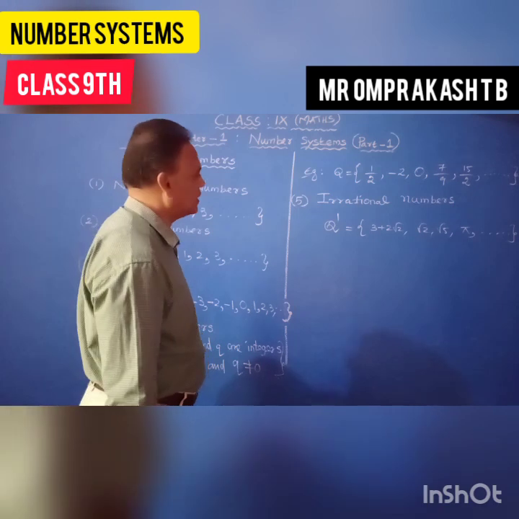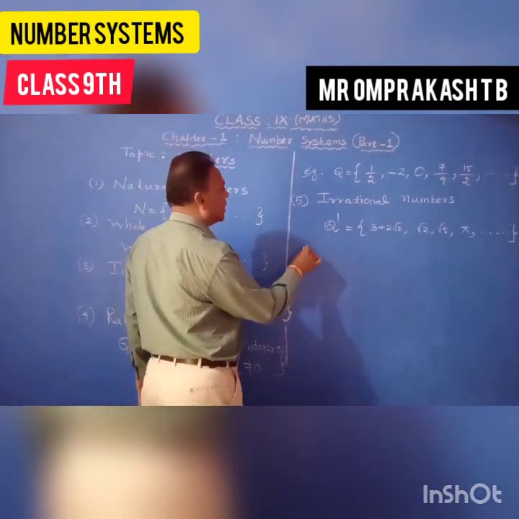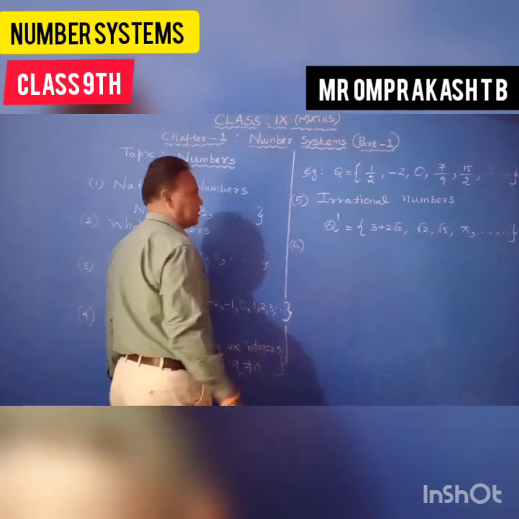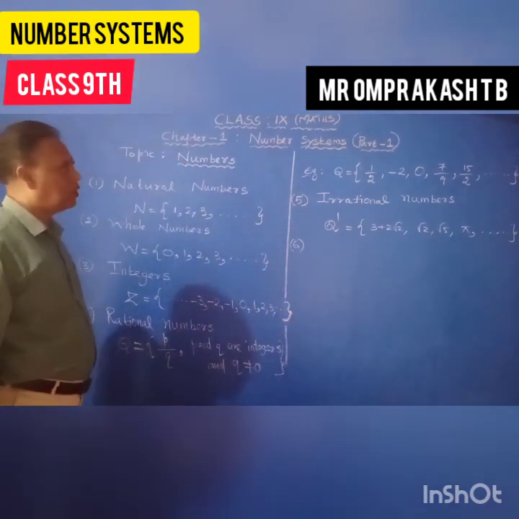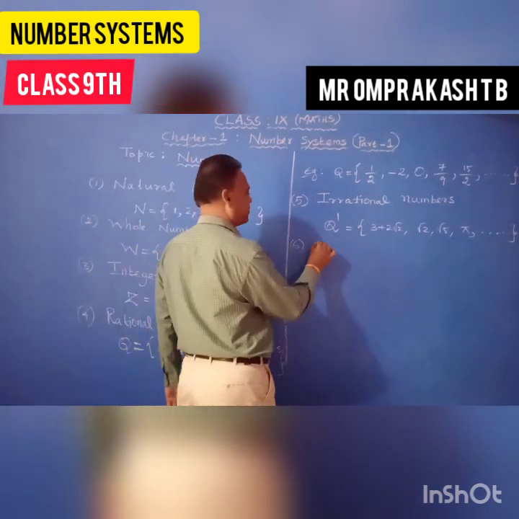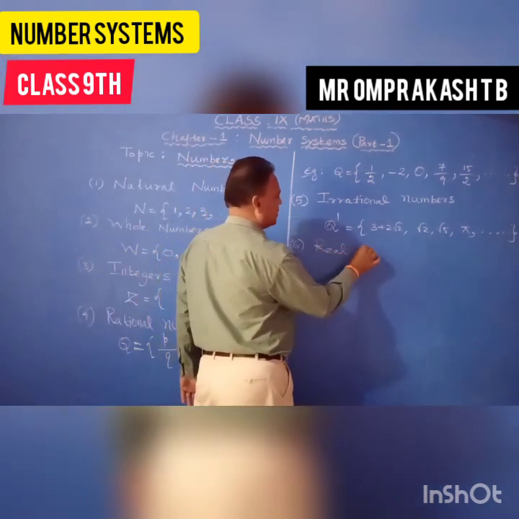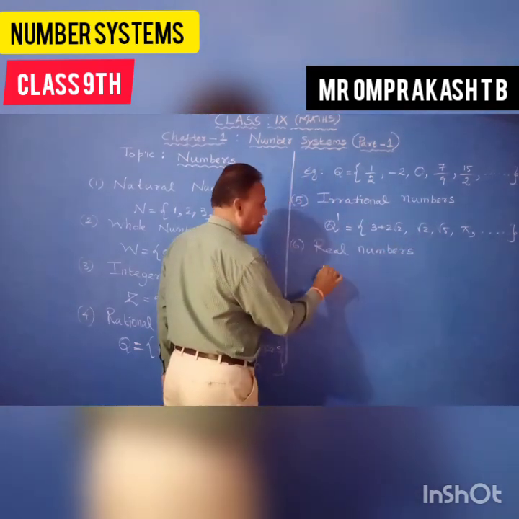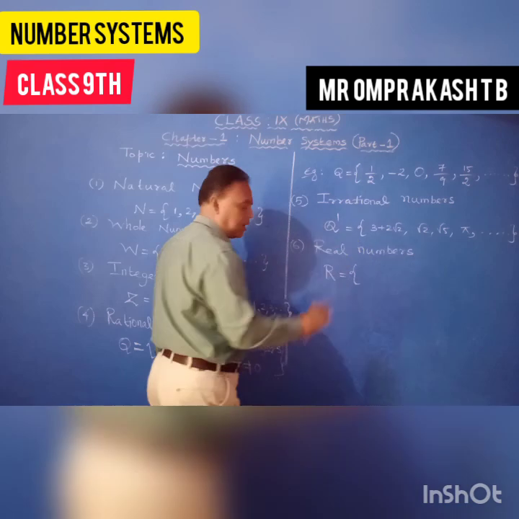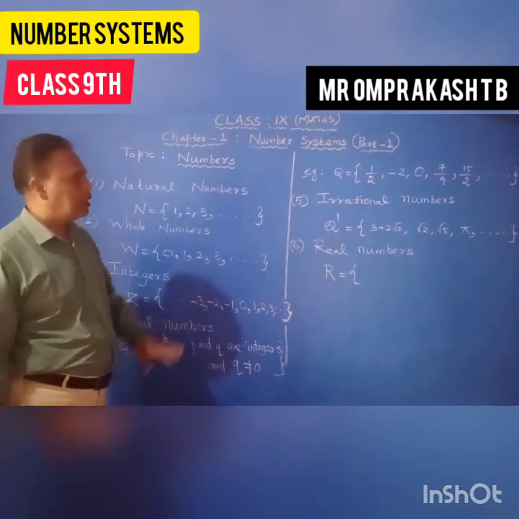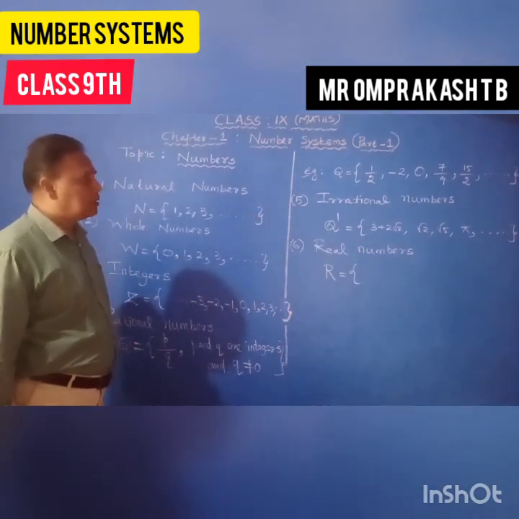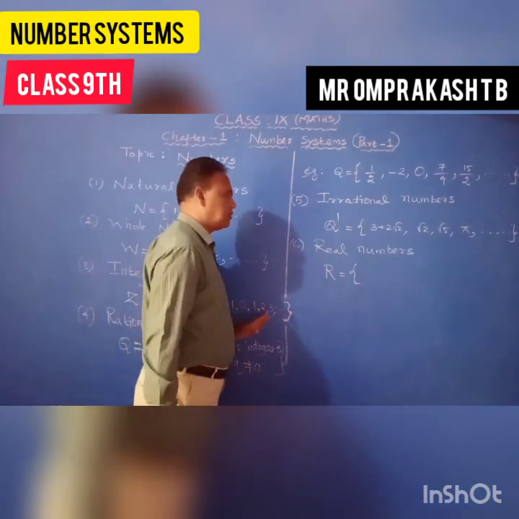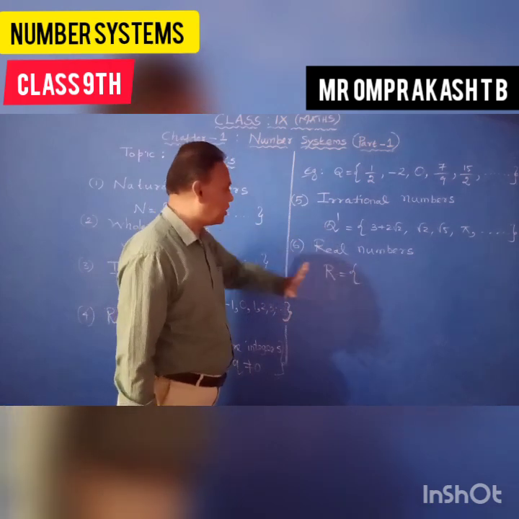Rational numbers and irrational numbers. Then one more number is there. Apart from this, one more number you have, that is real numbers. It is denoted by capital R. So all the numbers belong to real numbers.